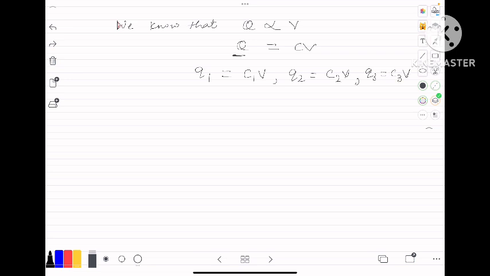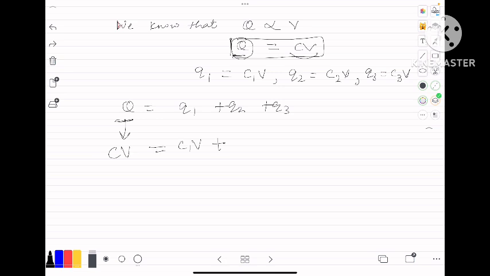Since Q is equal to CV, we can replace Q by CV. Or total charge Q is equal to Q1 plus Q2 plus Q3. Q is equal to CV and Q1 is equal to C1V plus Q2 equal to C2V plus Q3 is equal to C3V.